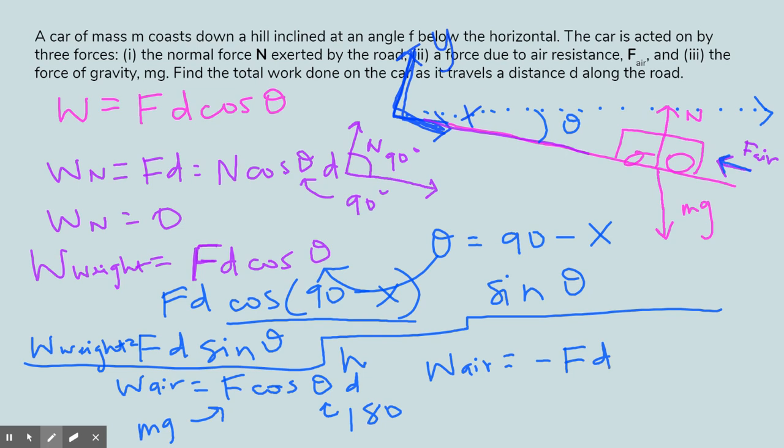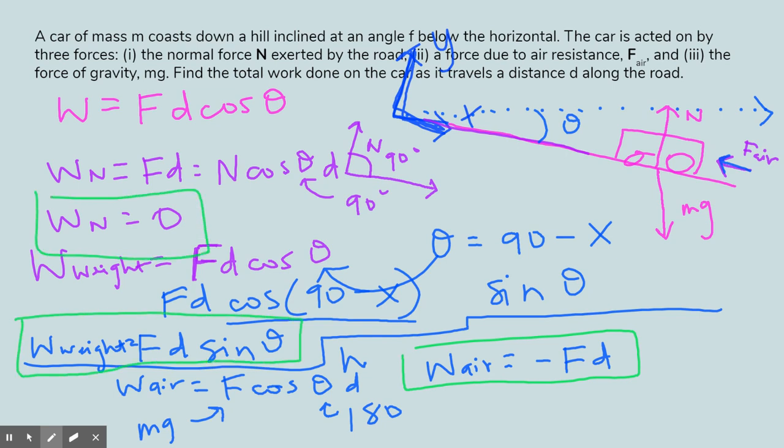So when we take these values and we add them up, we have the work from weight, and we have the work from our normal force. When we add all of those up, we will find that our total work, and I apologize for the messiness of this, is mg, and again, I'm just replacing force with mg because our force is due to our weight.